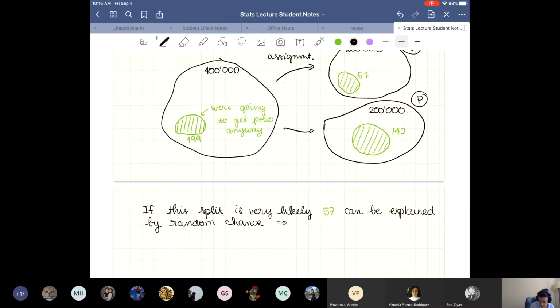And therefore, maybe the vaccine is not the reason that the number was so low, right?